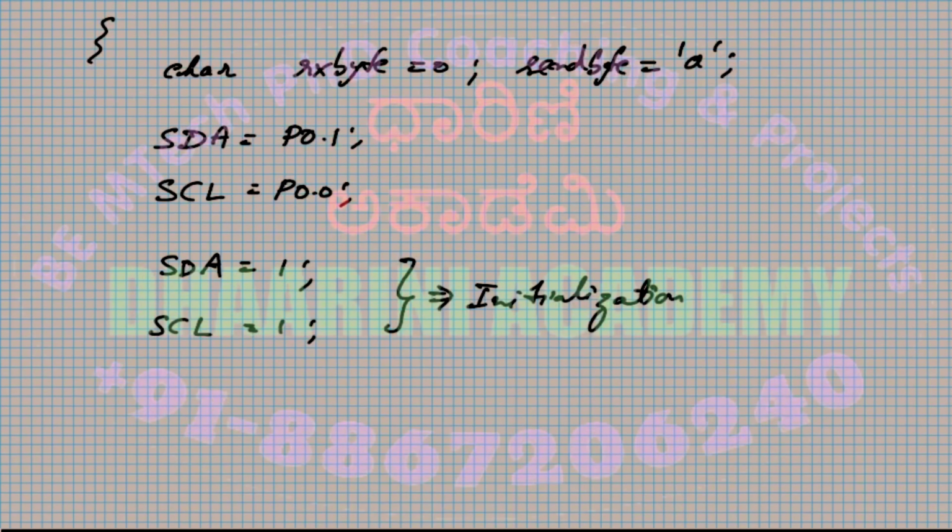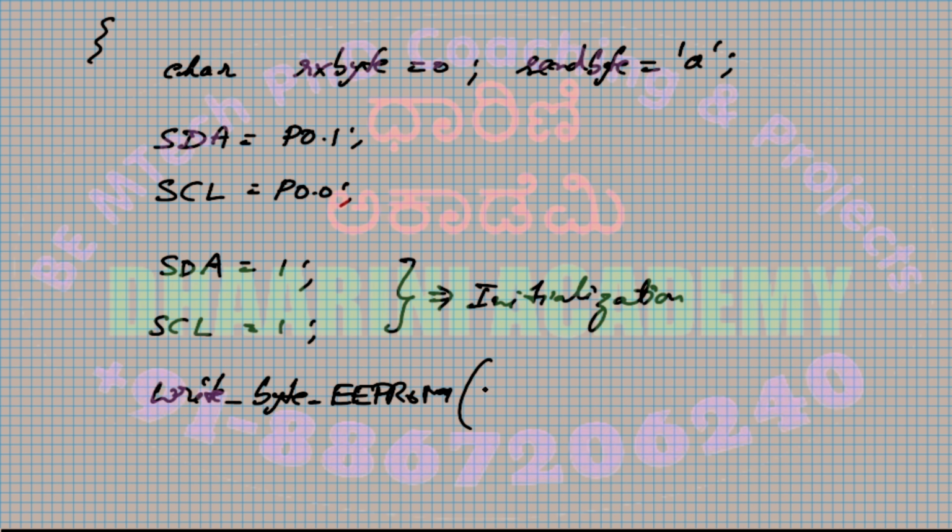Simply call what you want. So let me assume first I want to send a data. How do you send the data? Call the function, that is write byte to EEPROM. This was our function, we already have written that.